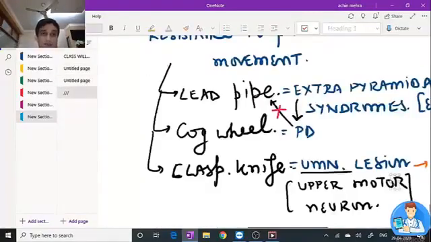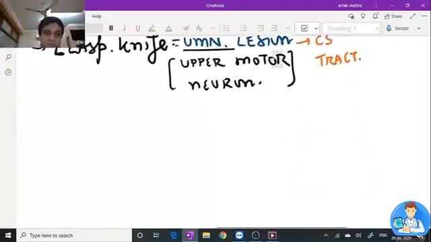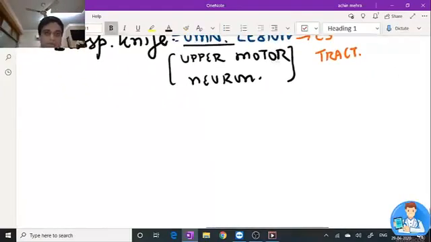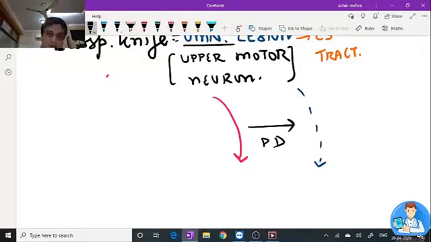Okay. Now, I'll just show this in a very simple diagram. It is the same throughout, great. But in patients with Parkinson disease, it comes with a gap coming in between. Look at this now. It is the same throughout, that is your lead pipe rigidity.